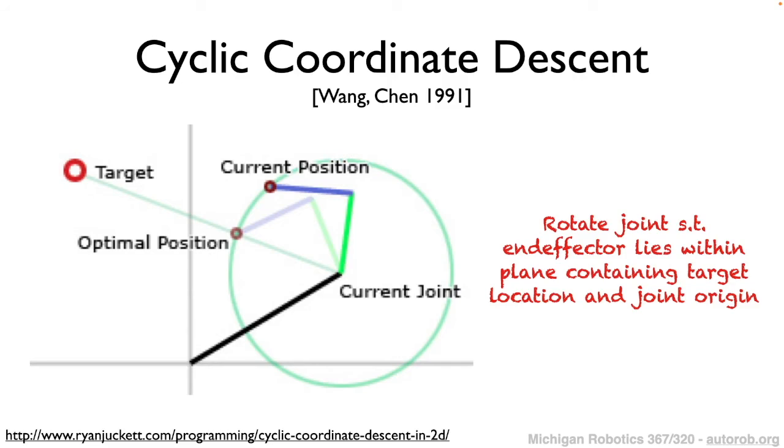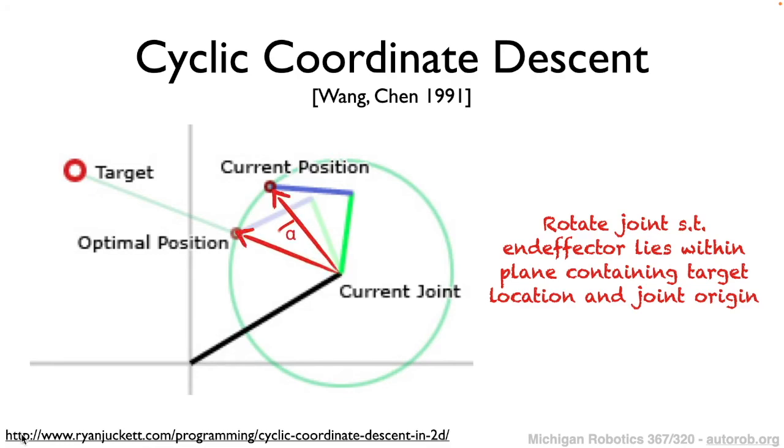And so the core idea behind cyclic coordinate descent is you're going to rotate one particular joint at a time such that the end effector lies within a plane that contains both the target pose of the end effector and the joint origin of the current joint that's being rotated. And so this process will iteratively move through the different joints on the robot, performing these rotations as an approach to move the pose of the end effector towards the target.